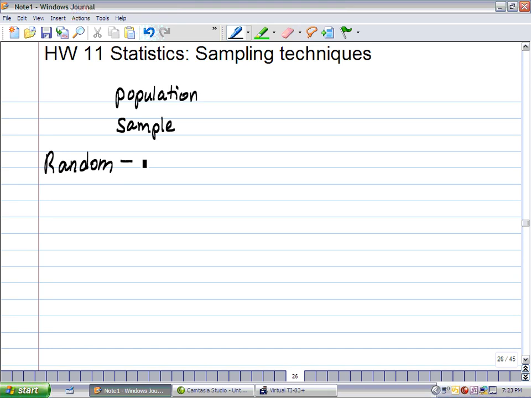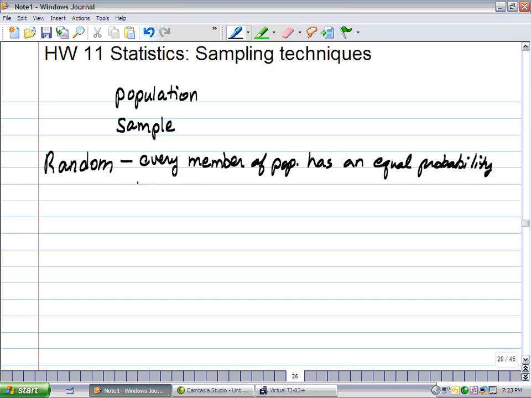In a random survey, every member of the population has an equal probability of being chosen. So in a case like that, some examples might be, we write everybody's name on a hat, shake it up, and randomly pull one out.